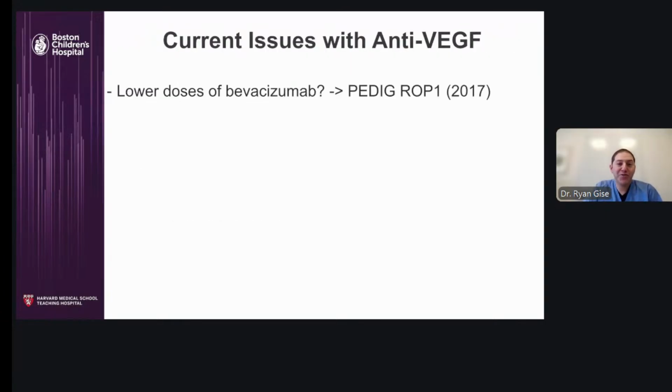And so, current issues with anti-VEGF agents. Following the BEAT-ROP study, PEDIG ROP1 tested de-escalating doses of bevacizumab to test its efficacy and systemic safety. The study enrolled patients from 2017 through 2019. It included premature infants with type 1 ROP in at least one eye.